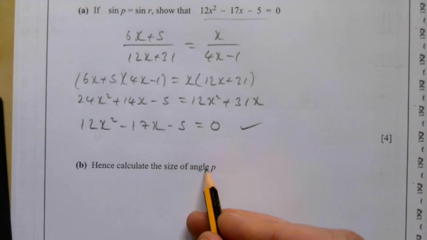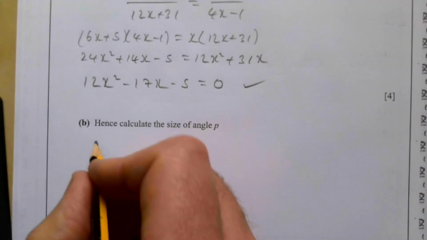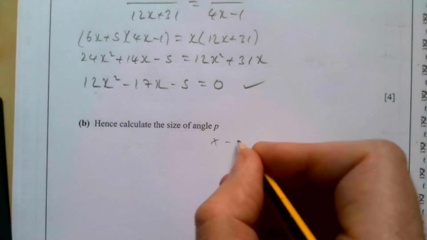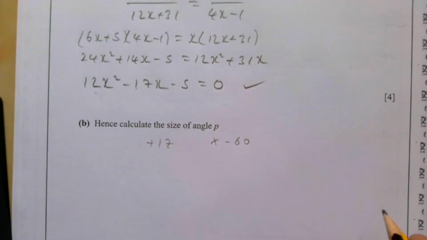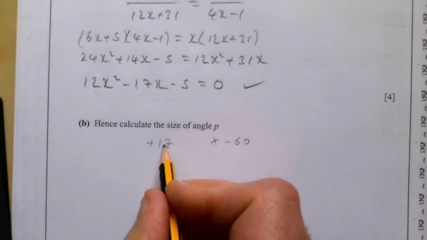So we need to solve this for x. I'm going to do 12 times minus 5, so they need to multiply to give me minus 60, and they need to add to give 17. So it's some sort of form of minus 20 and 3.